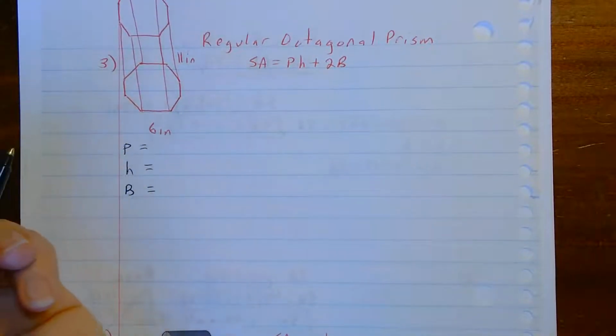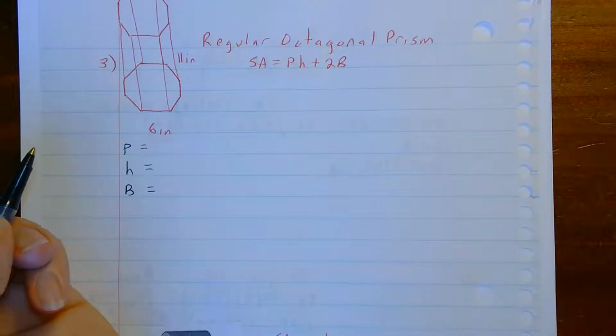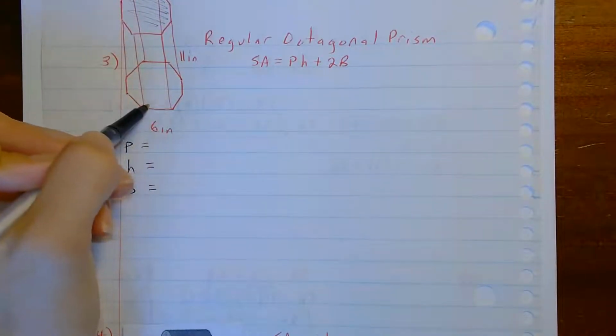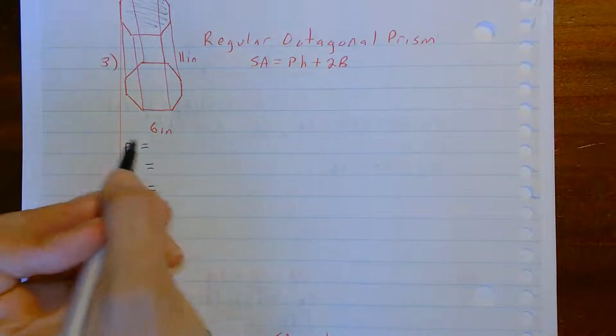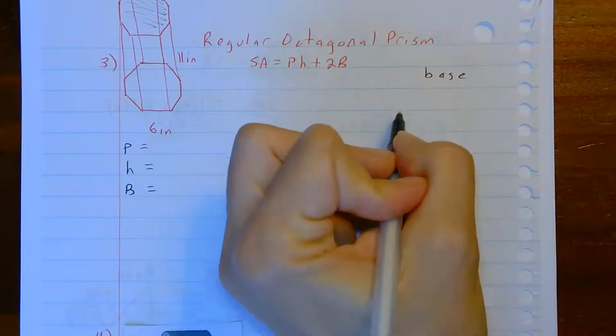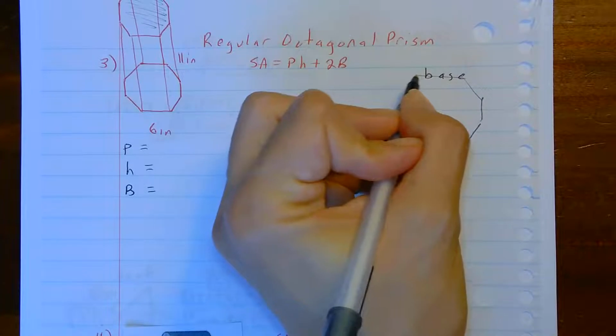Okay, the P is the perimeter of the base, so we have to decide which are the bases. You're looking for the parallel and congruent polygons that are not rectangles. So if you look, these octagons are going to be your bases, and they are parallel, congruent, and not rectangles. So the perimeter is going to be the perimeter of the base. Over here, I'm going to draw a quick sketch of what my base looks like.